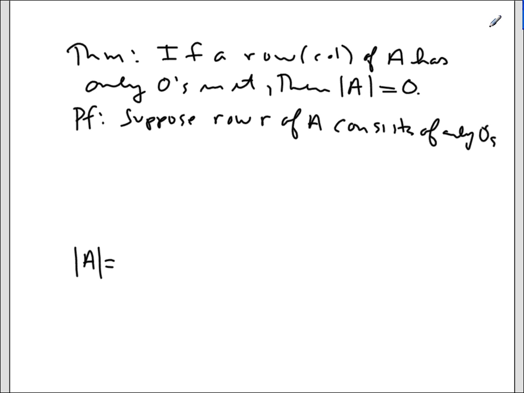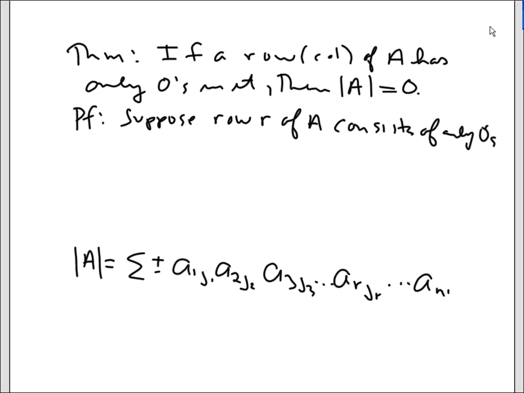Now, the determinant of A, by definition, is the summation plus minus of A1,J1, row 1 some column, times row 2 some column entry, row 3 some column entry, all the way up to row R some column entry, all the way up to row N some column.